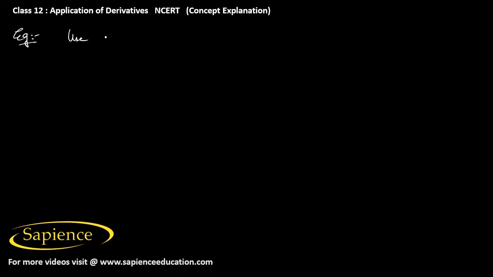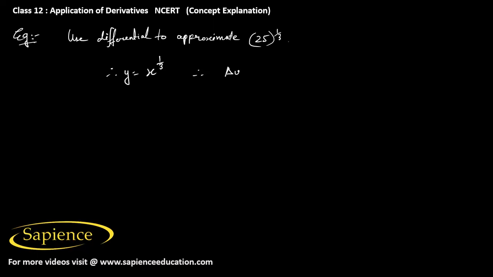So here it is asked, use differentials to approximate 25 whole power 1 by 3. So therefore let y equal x power 1 by 3, and therefore delta y will be equal to f of x plus delta x minus f of x.